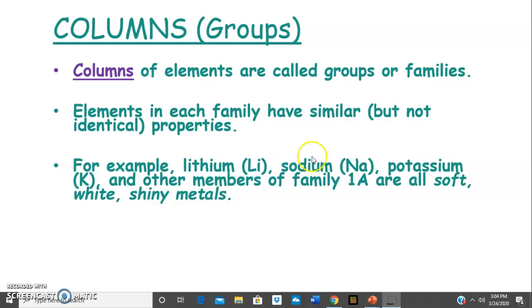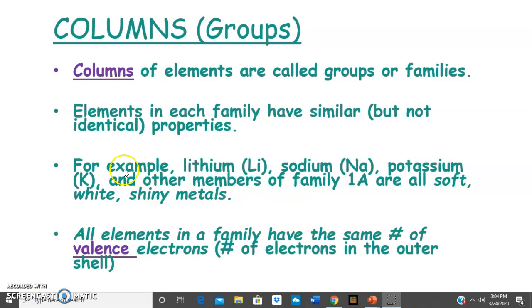So for example, lithium, sodium, and potassium are all members of the 1A family, and a characteristic that they have is that they're all soft, white, and shiny metals. All elements in a family also have the same number of valence electrons. That's the number of electrons in our outer shell. So for example, lithium, sodium, and potassium all have 1 valence electron because they're in group 1A.